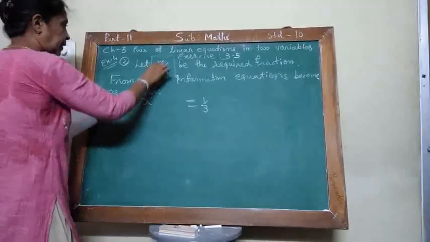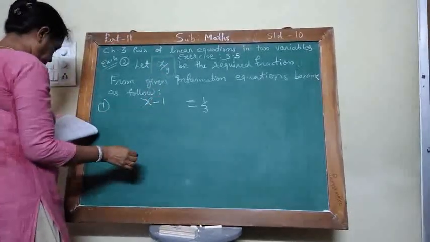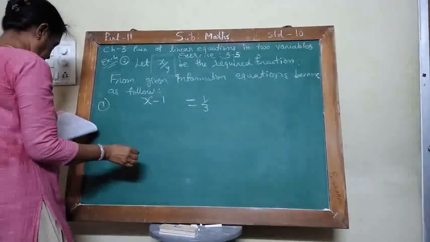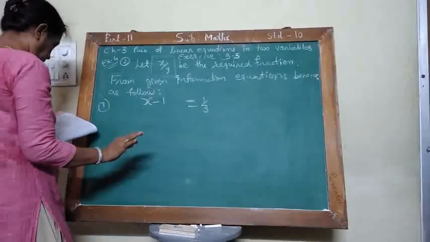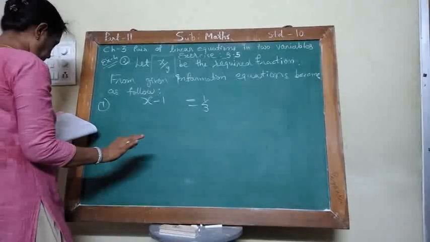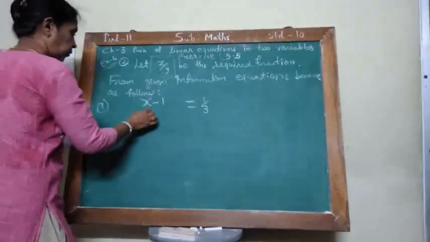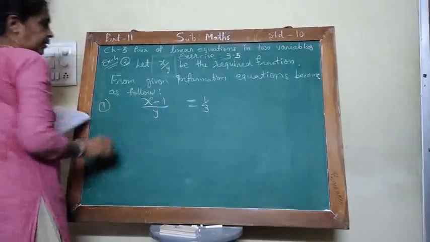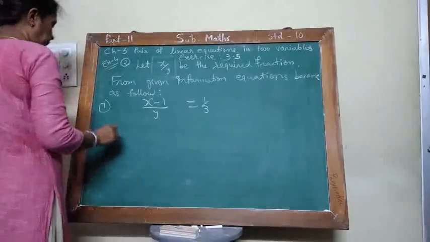So numerator is x. So 1 is subtracted from the numerator, and it is the numerator only. And it becomes 1 upon 4. Y remains as it is. Then you get this type of equation.